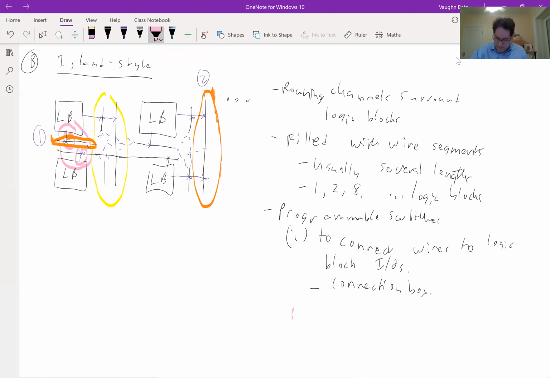We have another kind of programmable switch, which is to connect routing wires to each other.